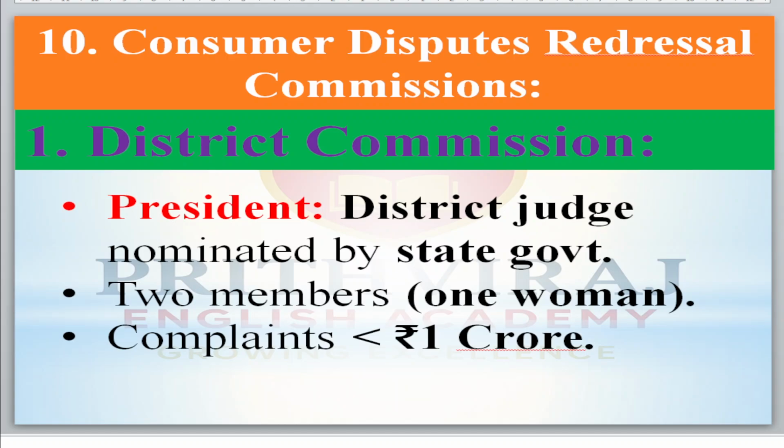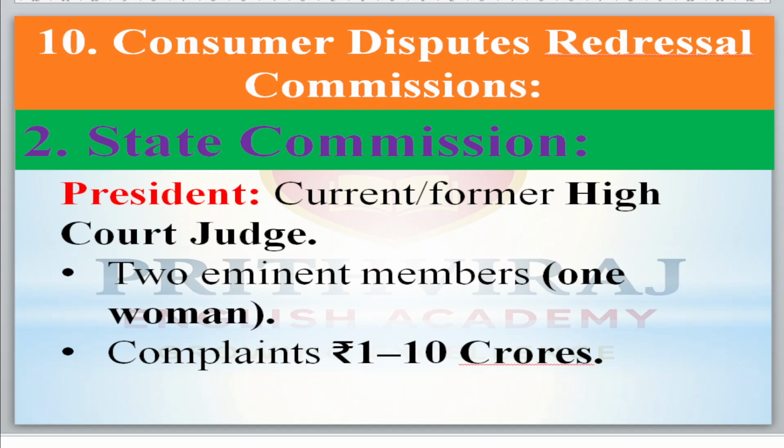Here 2 members will be there along with the president, one of them a woman. If the complaint is less than 1 crore rupees, they can approach the district commission. If it is more than 1 crore, they can go to the state commission.